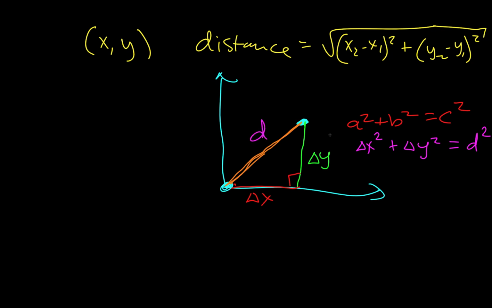If we just do a square root on both sides, we would end up with the square root of delta x squared plus delta y squared equals d.